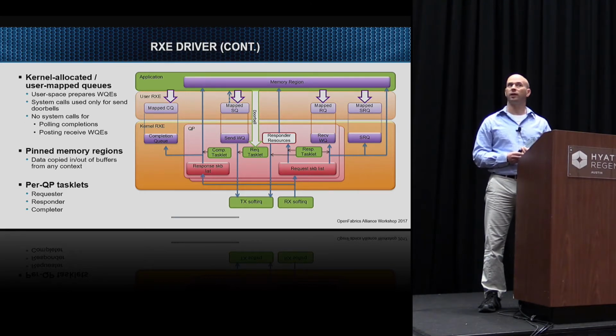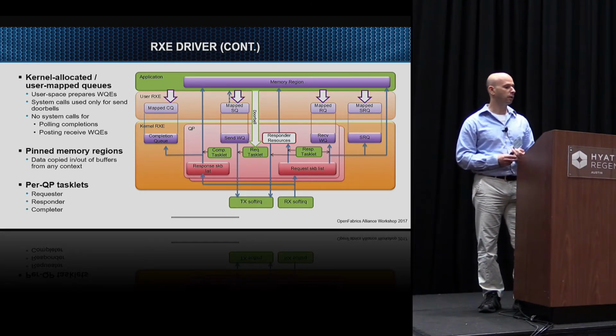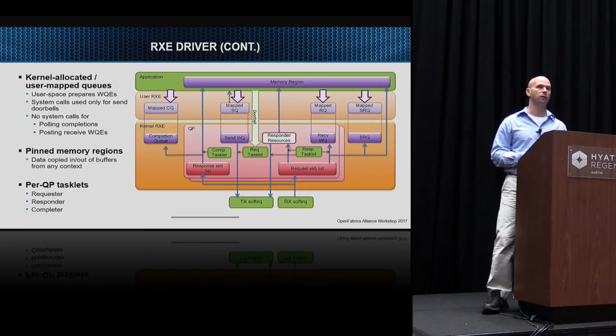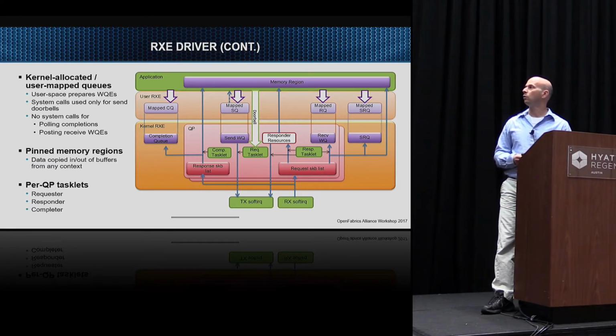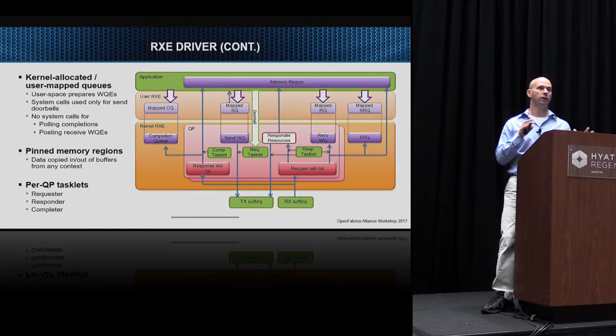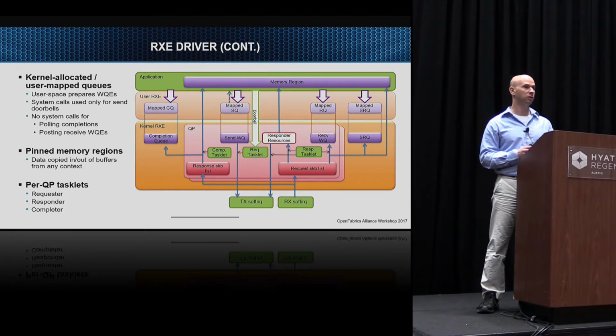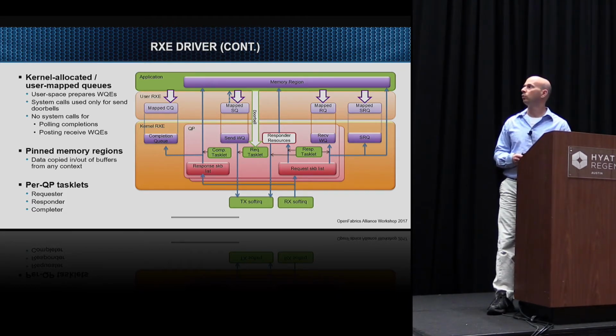But this requester tasklet will get invoked in cases such as when you get an incoming acknowledgement and then you can progress from that, or when you hit a rate limit of the amount of SKBs that are currently queued for transmission, so the SKB destructor will spawn progress and again trigger this tasklet.